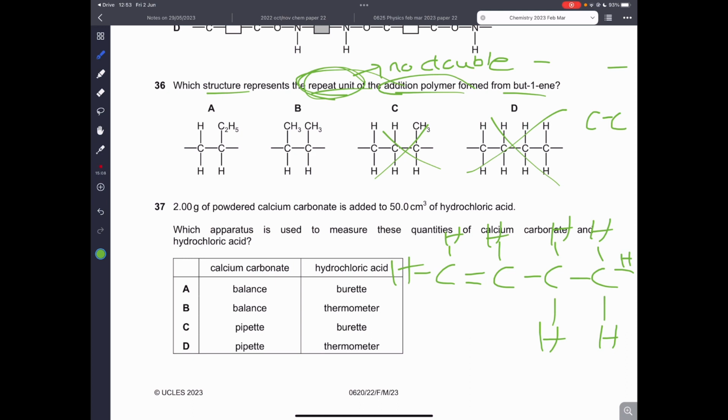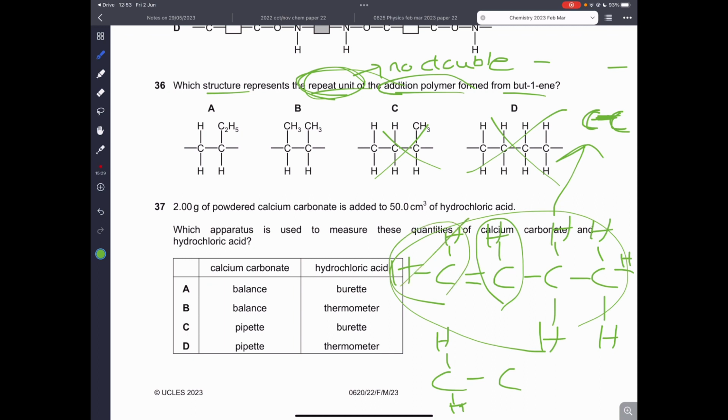So C single bond C, it has to be like that. So we have to turn this into this form. So C double bond C. Okay, so there's going to be 2H here. Let's put 2H here. And there's going to be 1H on the second one. So the first one is done.